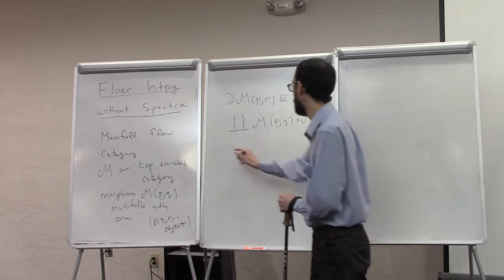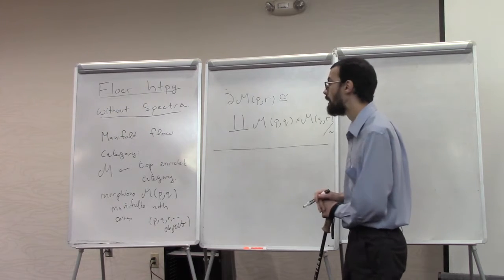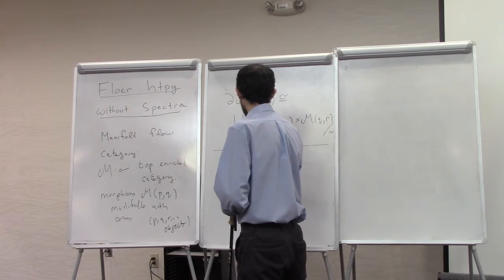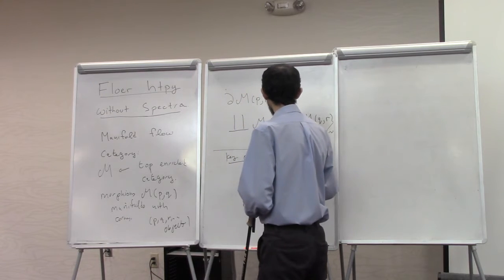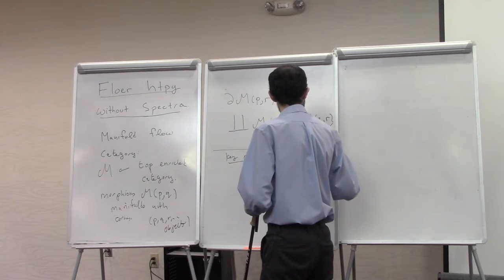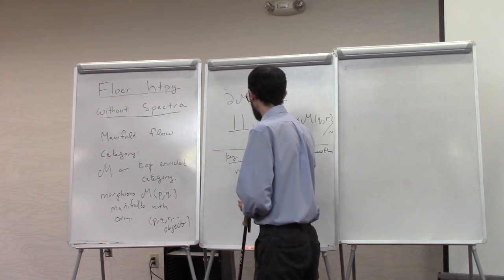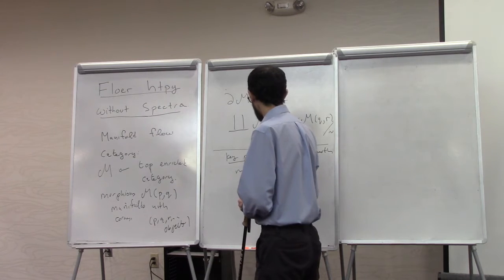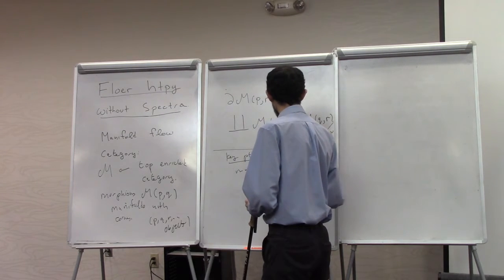Okay, so this is the abstract setting, and the key point is that you take a smooth manifold, and let's say f from M to R is a Morse function.